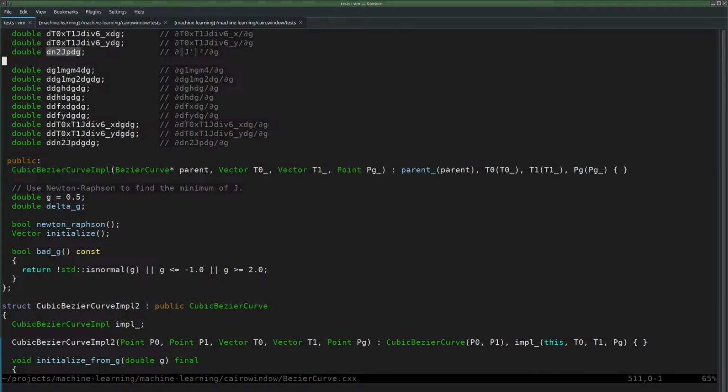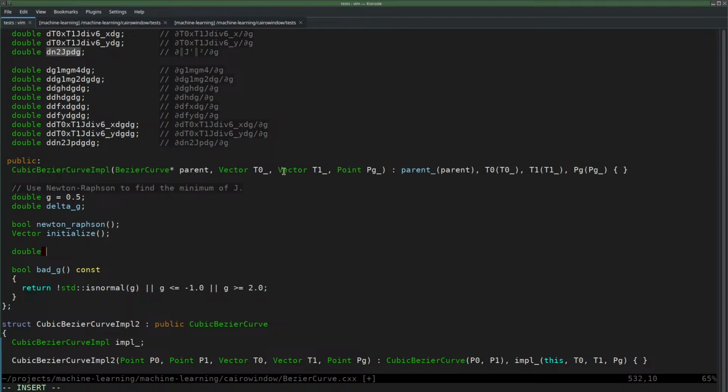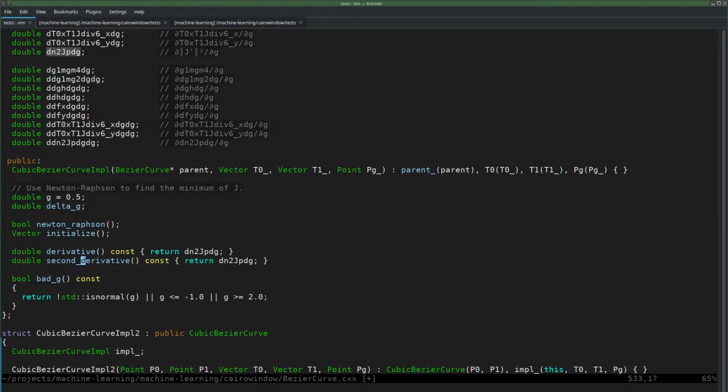Get the derivative. But we need these things to be a function of g.